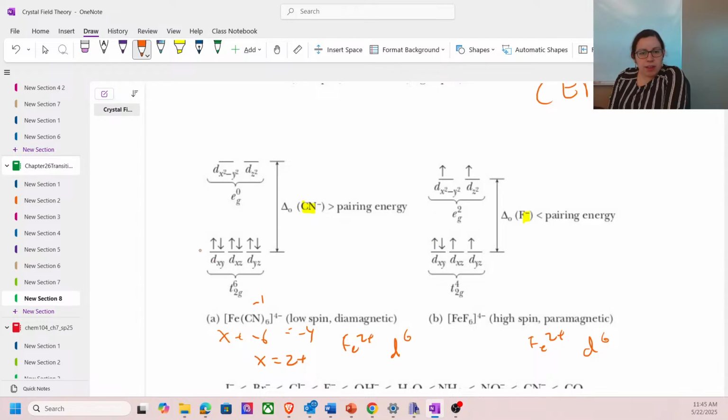And now we can see there's a difference between them though. One of these is considered low spin. So this is low spin, diamagnetic, since all the electrons are paired, versus this fluoride where it's going to be high spin and of course technically paramagnetic.